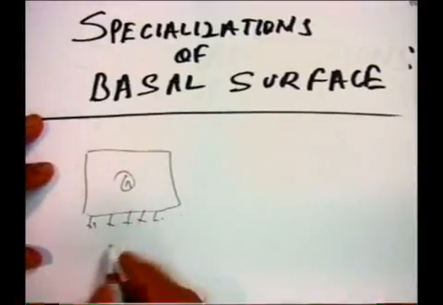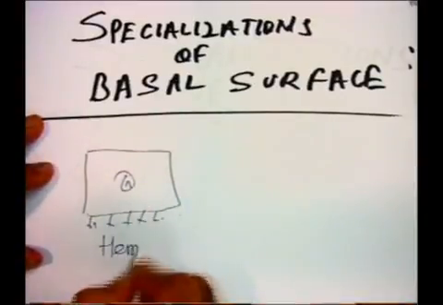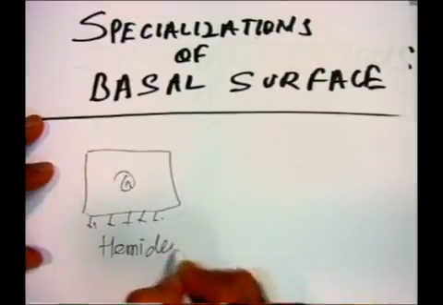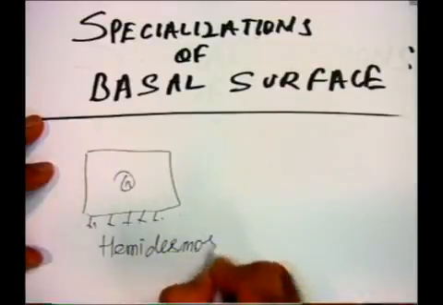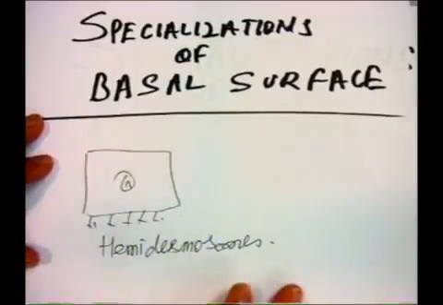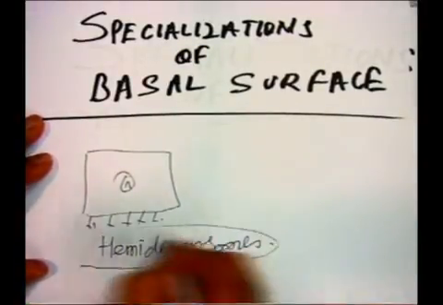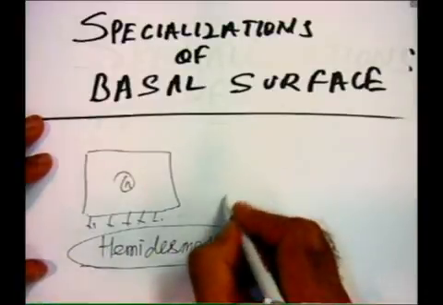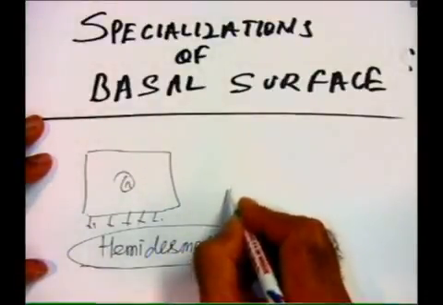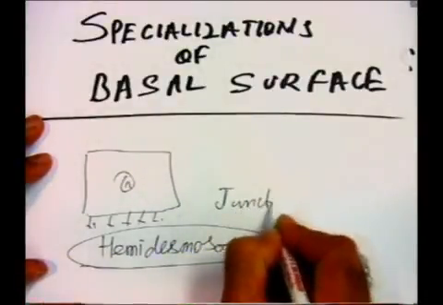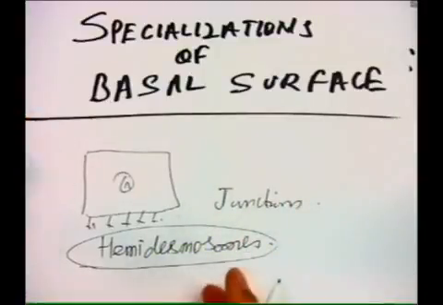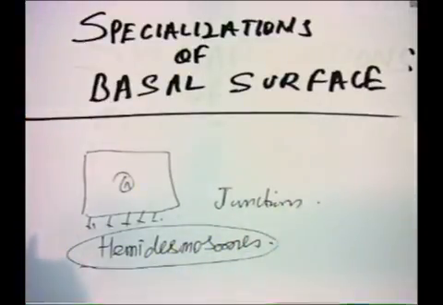This basal surface is modified as hemidesmosomes. Basal surface is modified as hemidesmosomes. They are a type of cell junctions being attached to it. Okay, that's number one.